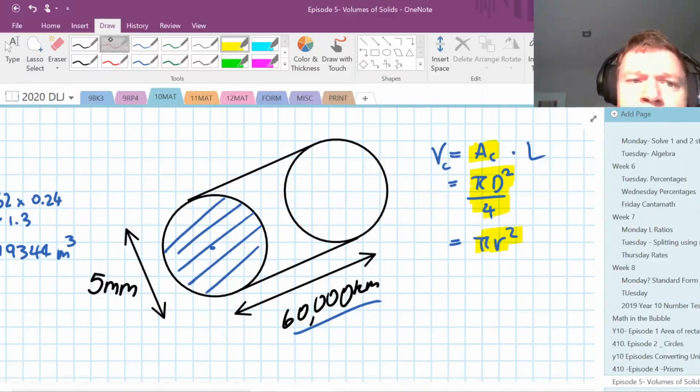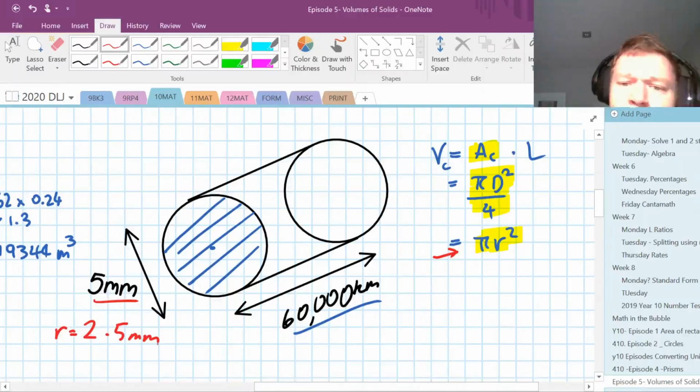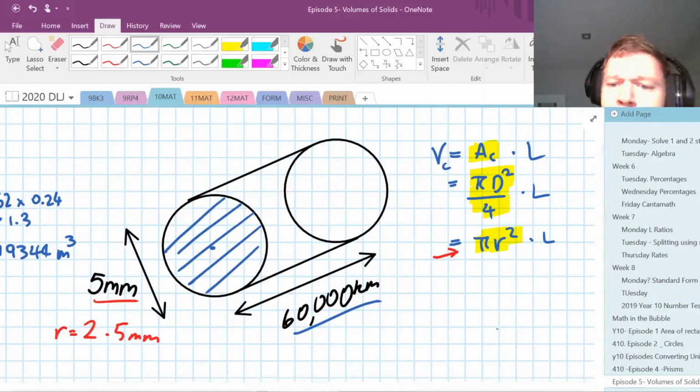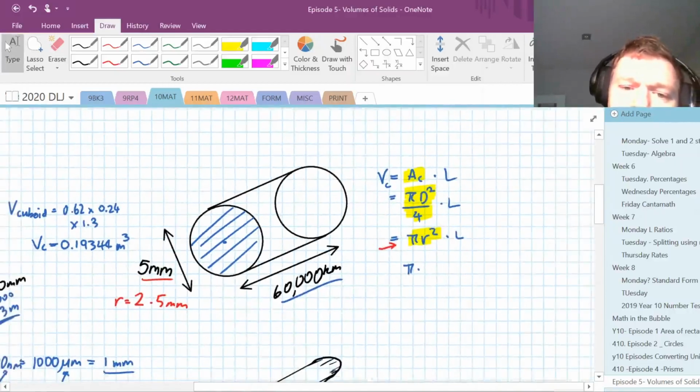We might just go back to the radius one today. So if the diameter is 5 millimeters, our radius is going to be 2.5 millimeters. Each of these will be the same formula, just using different values. So let's do this. Pi times, oh, sorry guys, I forgot, we got to put this into millimeters.